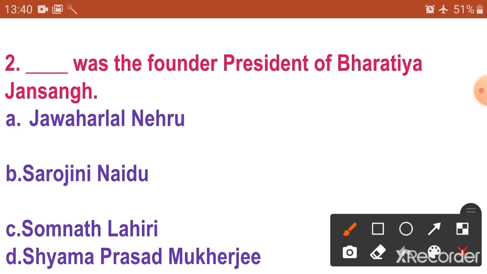If you have read the lesson, you will surely know this answer. I told you each and every corner of the lesson is important, and don't forget to read the given images also. So here, the right answer is option D, Shyama Prasad Mukherjee. Next one.